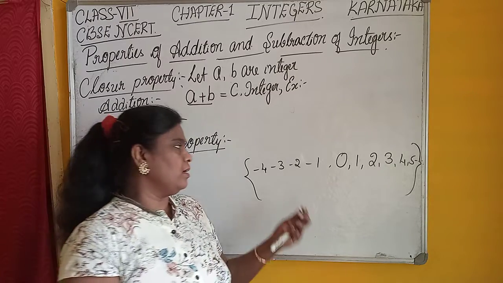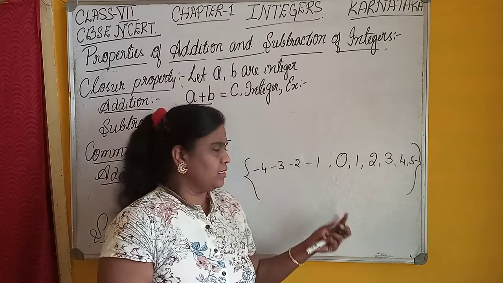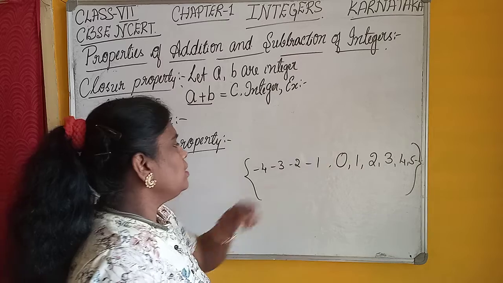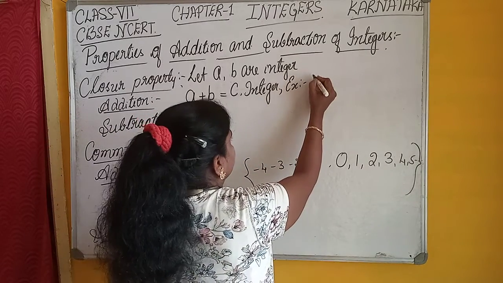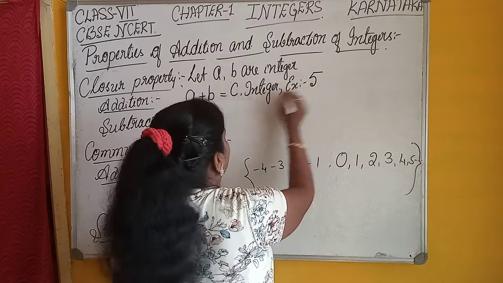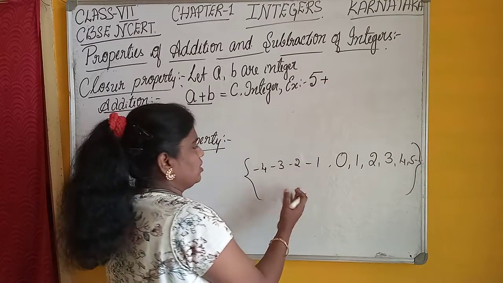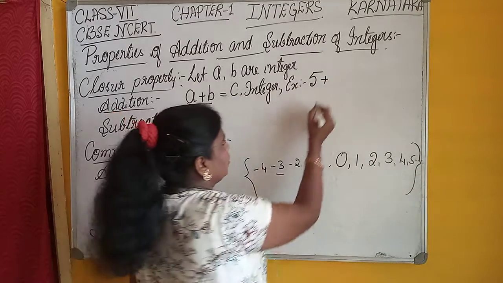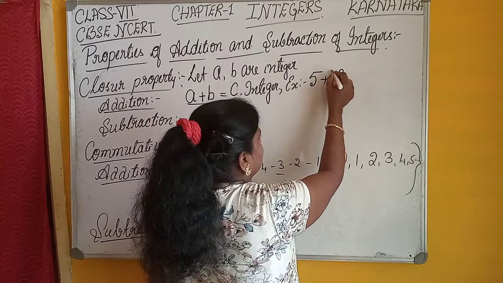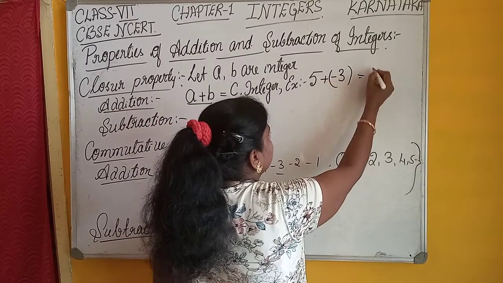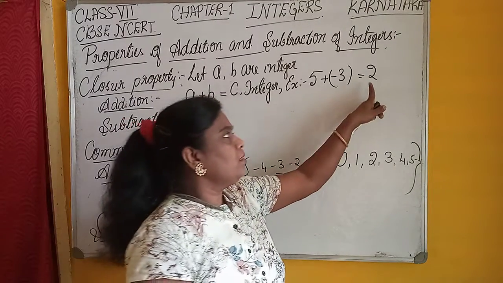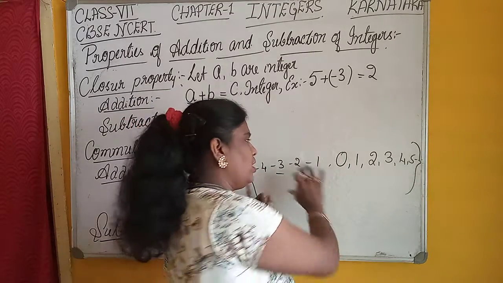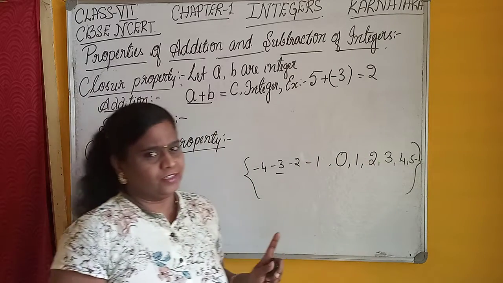Let us consider any two integers from this group. Let A be any integer, for example 5, and B is any integer. If you take negative, that is equal to minus 3, the answer will be 2. The sum of these two integers is 2. This 2 is also in the set of integers.